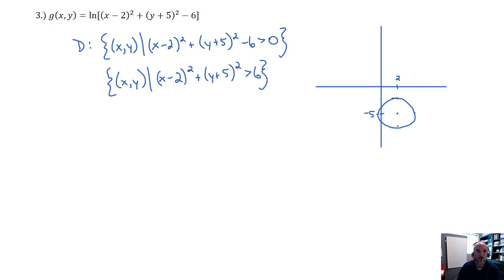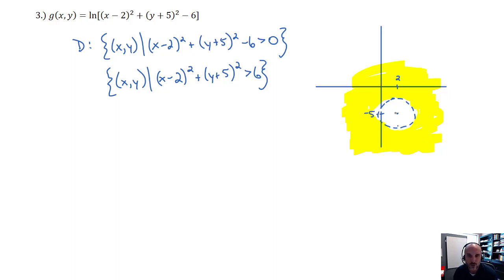So those are going to be the points outside of this circle, which goes on forever in every direction. So our domain is all of the ordered pairs that live outside of this circle. And because it's greater than 6, not greater than or equal to, we don't even want to include the points on the perimeter of this circle, okay? So we might indicate that with a dashed line.